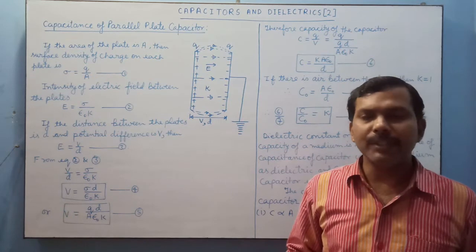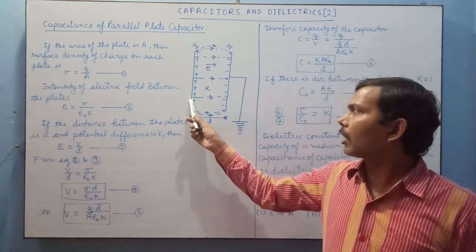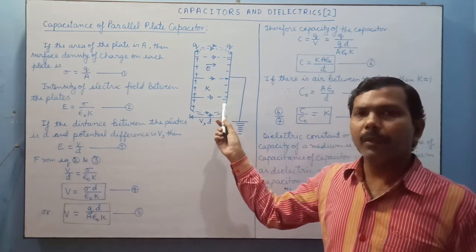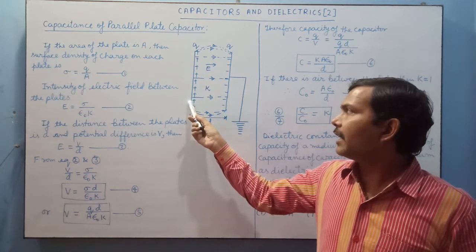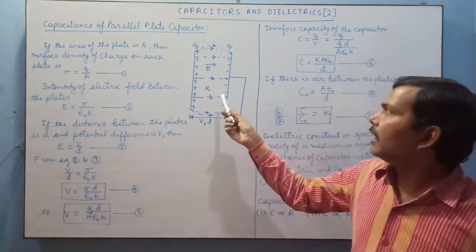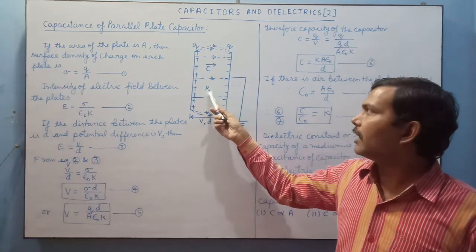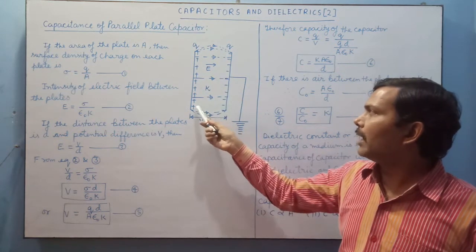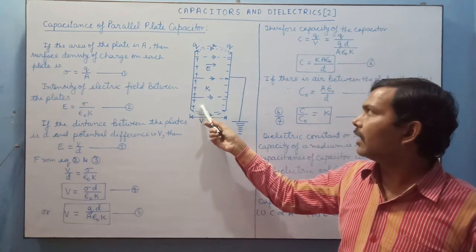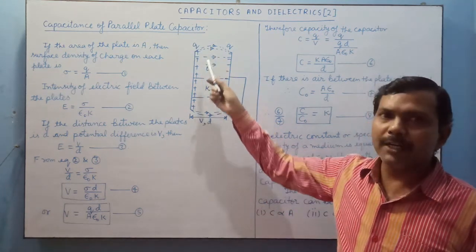A parallel plate capacitor is made up of two rectangular or circular plates. One plate is isolated and the other plate is connected to ground. Let a dielectric substance of dielectric constant K be filled between the plates of this capacitor, and Q is the charge given to its isolated plate.